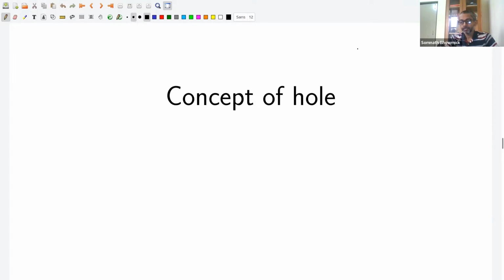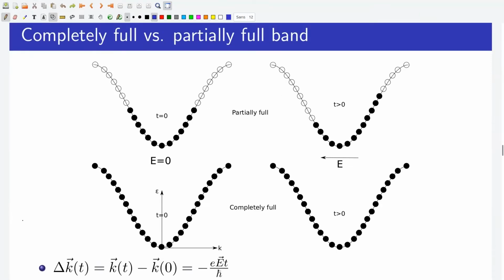The concept of the hole is a remarkable achievement of the semi-classical model, which can give a satisfactory explanation for the anomalous Hall coefficient in some metals. First, let me show that a completely full band does not take part in electronic transport, using some simple arguments.